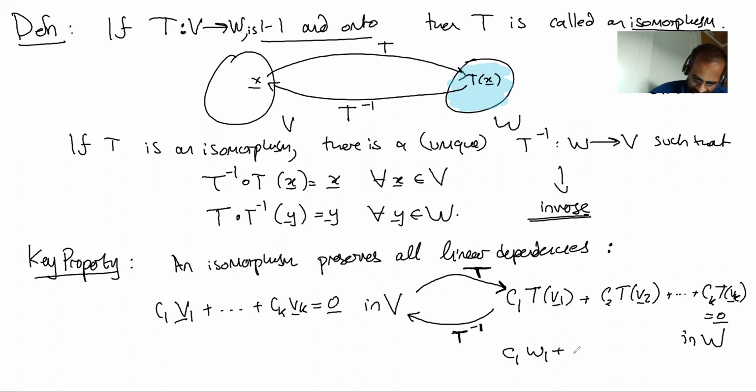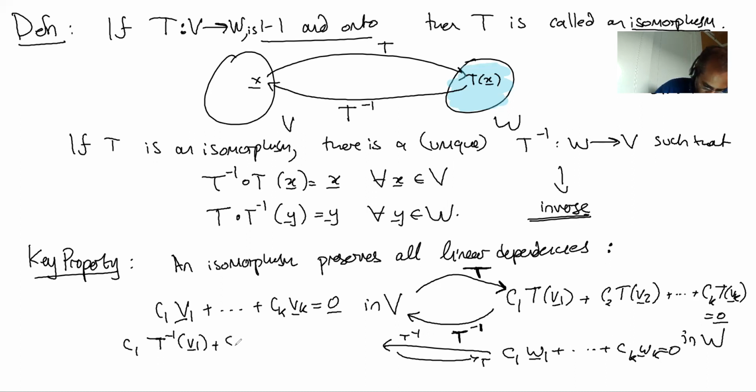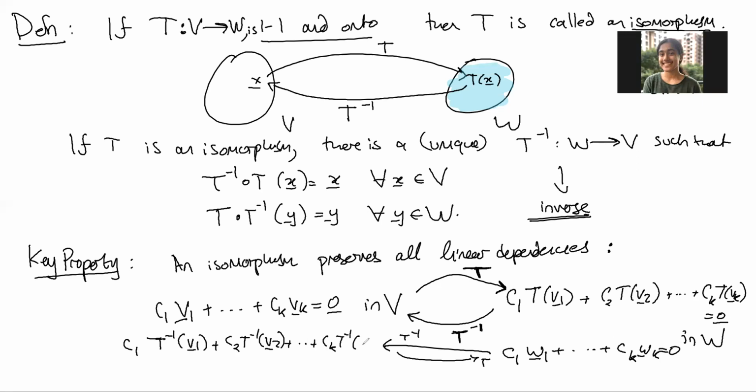So the point is, let me write it completely symmetrically. Suppose you have a linear dependence of some arbitrary vectors in W here, right? If it wasn't onto, you wouldn't be able to go back. So you can do the same thing like this as well. So it being onto and 1-to-1 allows us to go back and forth.